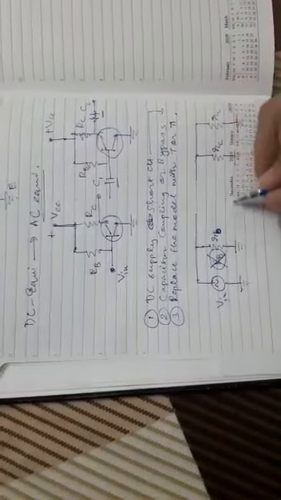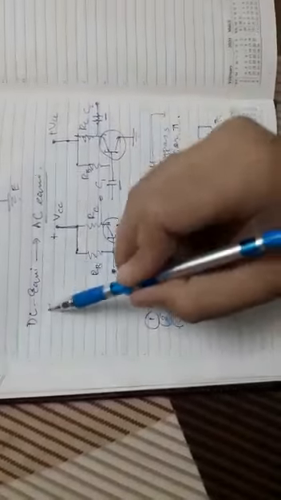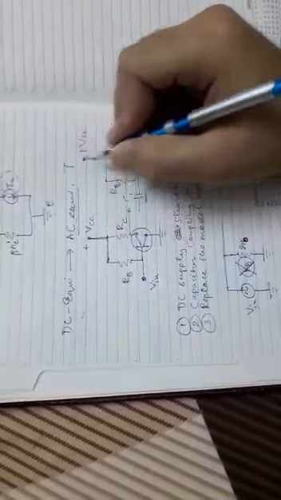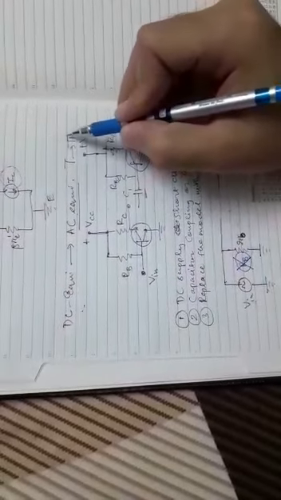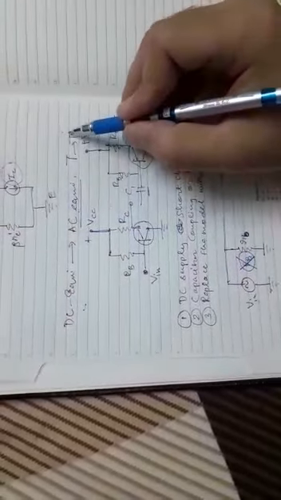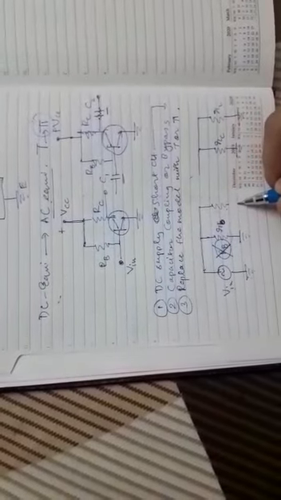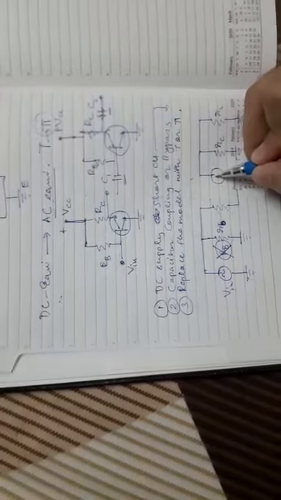Now if they ask you to convert this DC equivalent to AC equivalent using the T model, then you need to use the T model, or if they suggest using the pi model, then you need to use the pi model. Right now I am using the pi model for the conversion. So you can clearly get the idea about the conversion techniques.